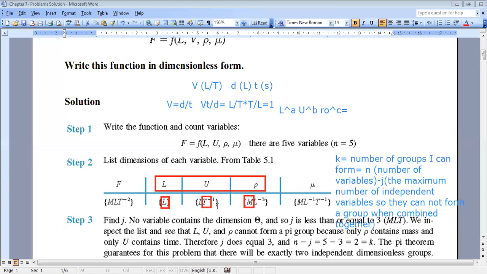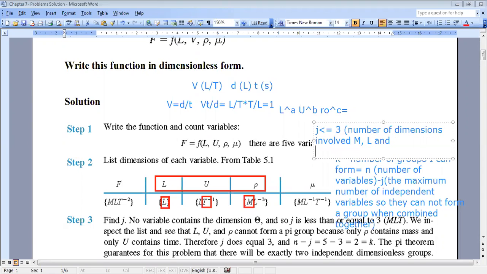M, L, and T. So I can say that J is smaller or equal to 3, which is the number of dimensions involved.